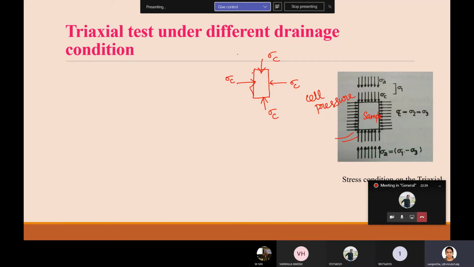Underneath the ground surface, if you consider a soil element, this kind of pressure will be acting throughout. But once the building is being constructed, an additional load will be acting in the vertical direction, right? That will be simulated by the deviator stress. Your deviator stress or axial stress is denoted by the letter sigma A.